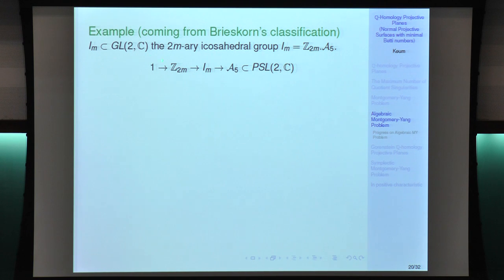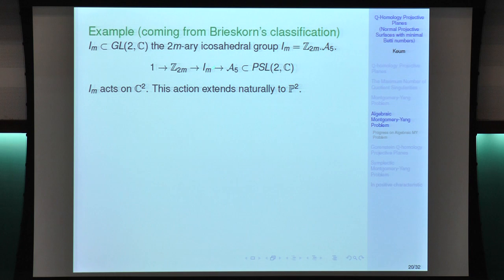This is the largest non-abelian group in its list. This is the 2M-fold icosahedral group, which is an extension of the simple group of order 60 by a cyclic group of order 2M. This is the center of this group.